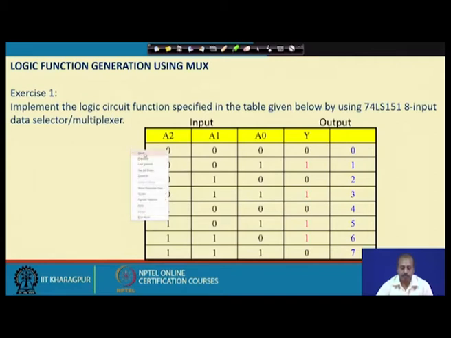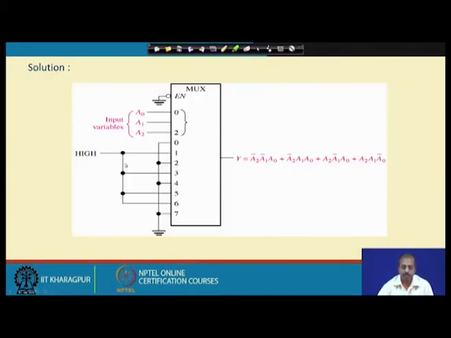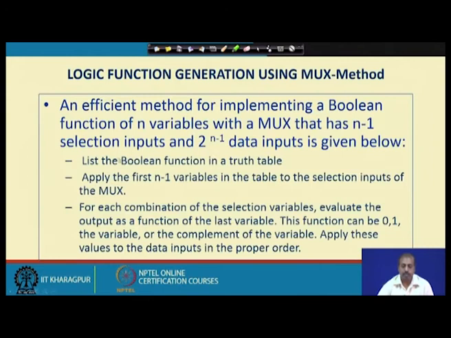But if I do that, then many times the multiplexer size becomes too high. For example, in my library, I may not have these 8:1 multiplexers available, maybe only 4:1 multiplexers are available. That means I have an n variable function, but I will be realizing it using multiplexers that have n minus 1 select lines, that is 2 power n minus 1 data lines.